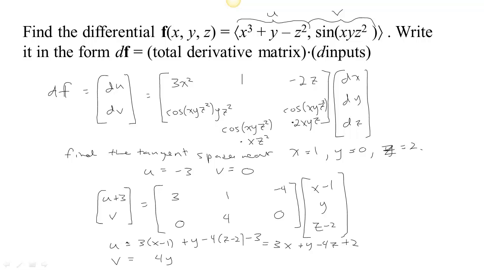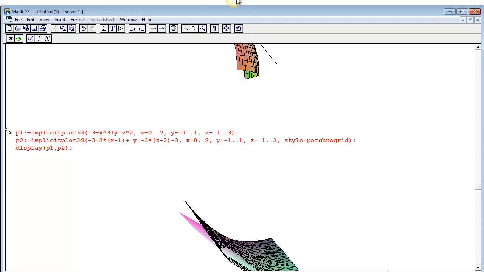Now, for a function with one output and three inputs like u, we generally looked at the level sets. So what we could do is look at the level set near u equals negative 3 for both the linearization and the original function. Let's try that. I've got it set up in Maple here.